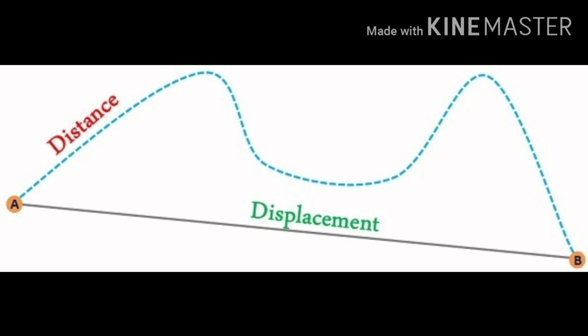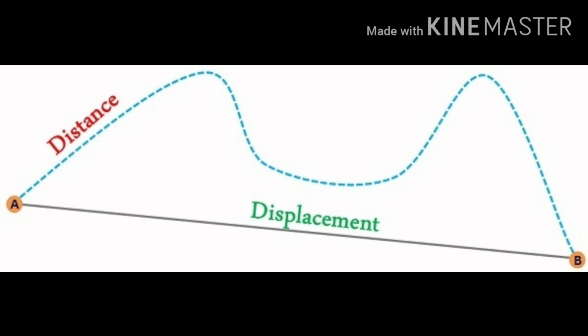See in this picture, points A and B are there. The various path is known as distance. The shortest distance between the two points is known as displacement. So the displacement has both magnitude and direction, so it comes under vector quantity.